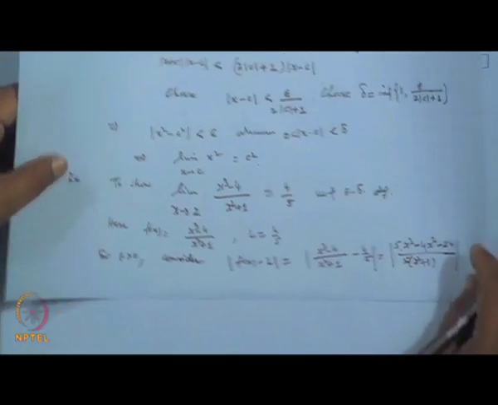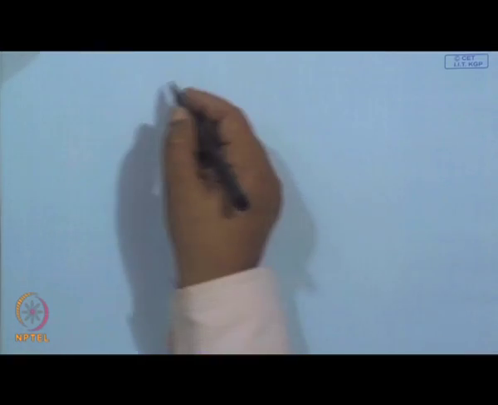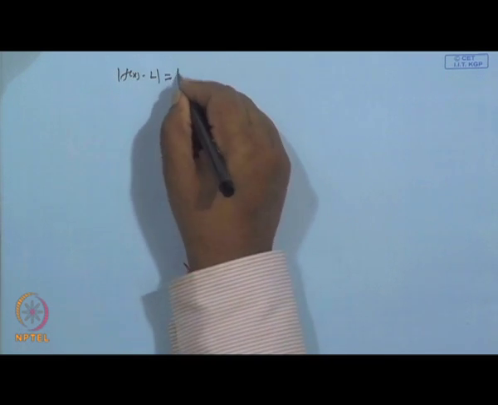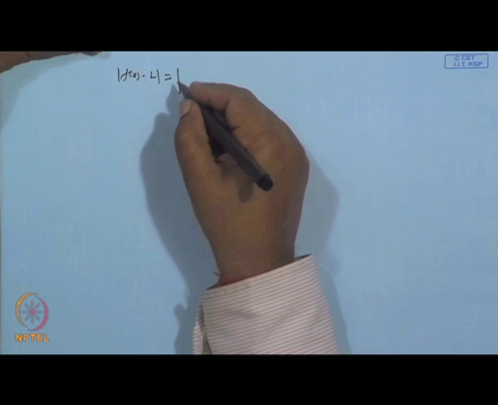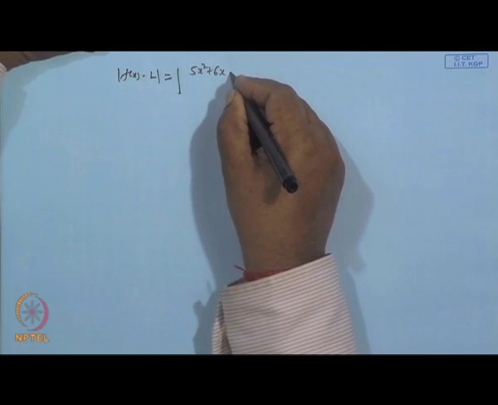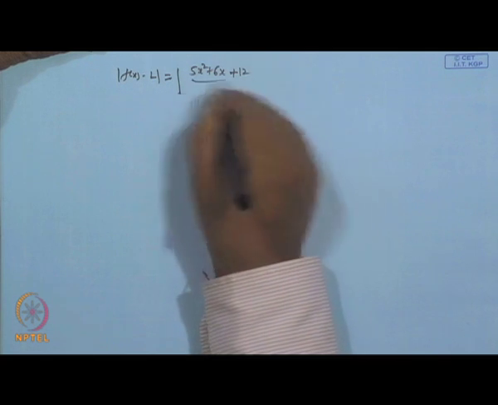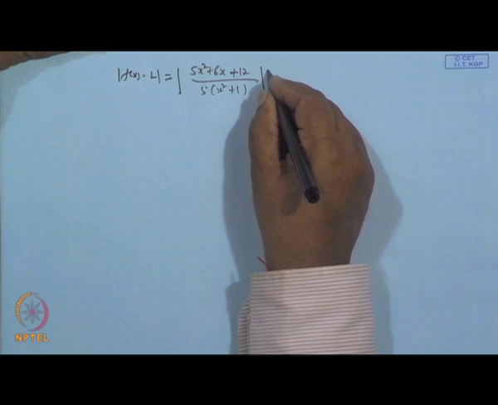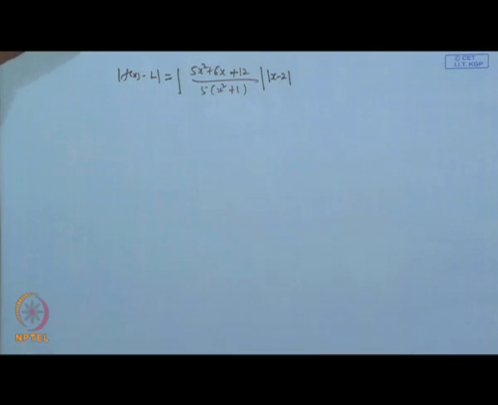If I separate it out, mod of f x minus L is nothing but mod of 5 x square plus 6 x plus 12 divided by 5 x square plus 1, into mod of x minus 2.